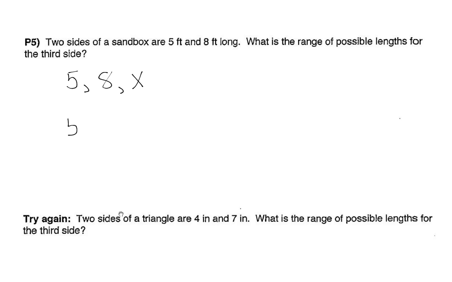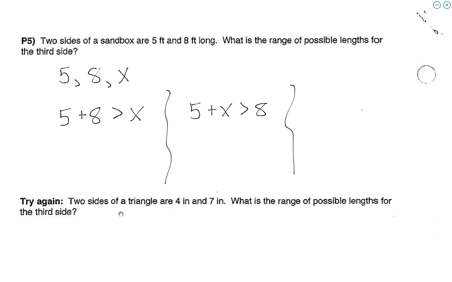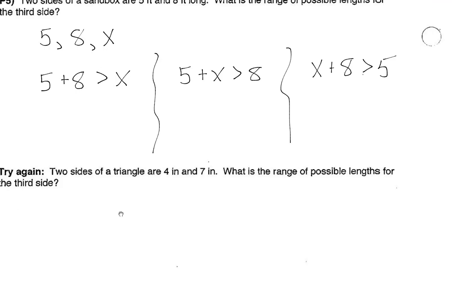So 5 plus 8 has to be greater than x. That's one scenario. 5 plus x has to be greater than 8. And then x plus 8 has to be greater than 5. So we have 3 simple inequalities to solve.